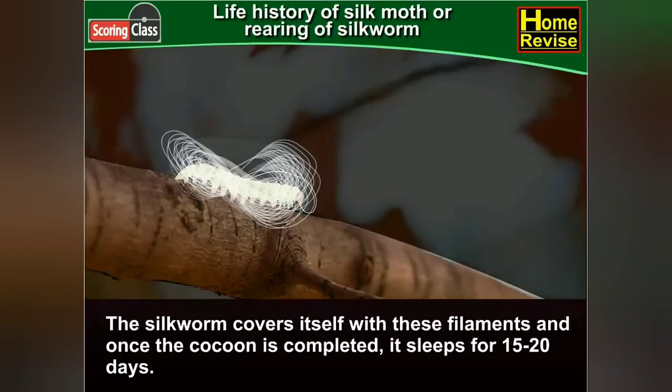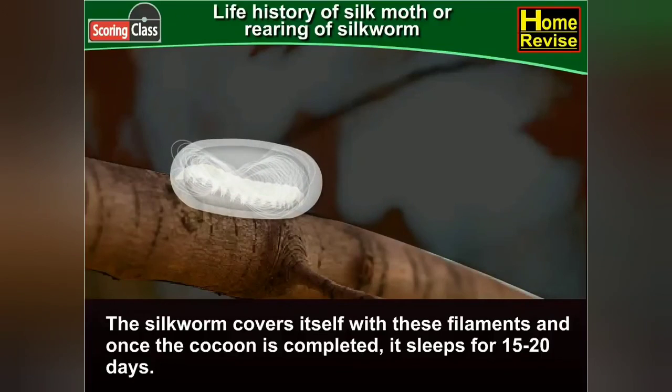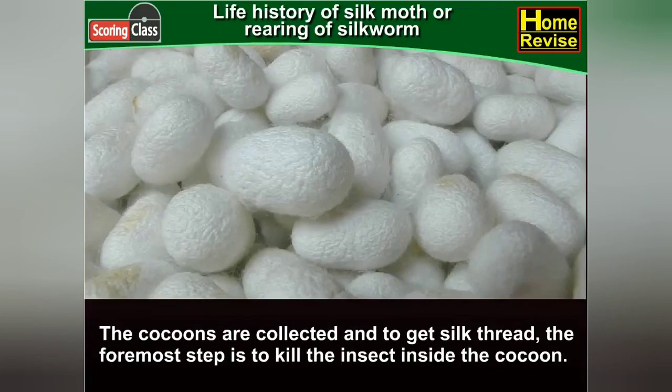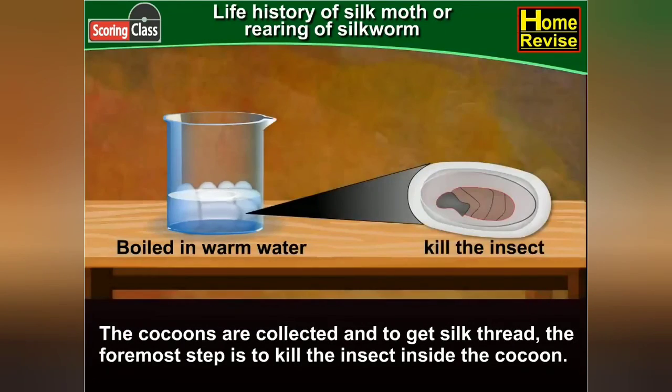The silkworm covers itself with these filaments, and once the cocoon is completed, it sleeps for 15 to 20 days. The cocoons are collected, and to get silk thread, the foremost step is to kill the insect inside the cocoon.